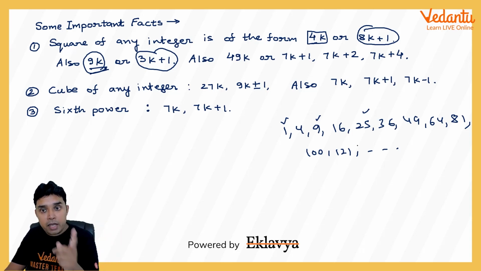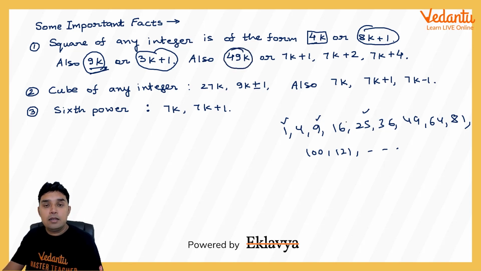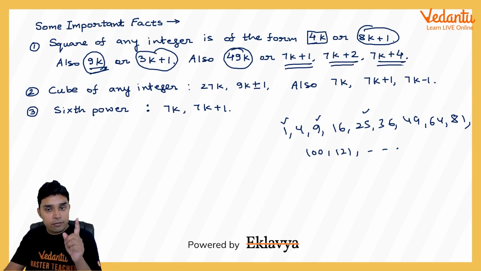You can check all these numbers. Similarly, if you divide these perfect squares by 7, you will find either these squares are multiples of 49 or they all are of the form 7k plus 1, 7k plus 2 or 7k plus 4. That means if you divide them by 7, their remainder will be either 1 or 2 or 4.